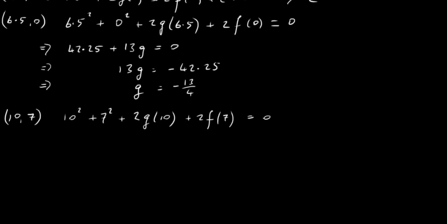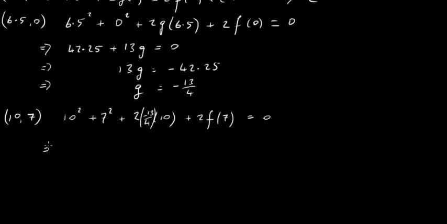And in fact, here I know what g is, so I might just stick that in at this point just to make it a little bit easier. So I'll just put in g here is minus 13 over 4.